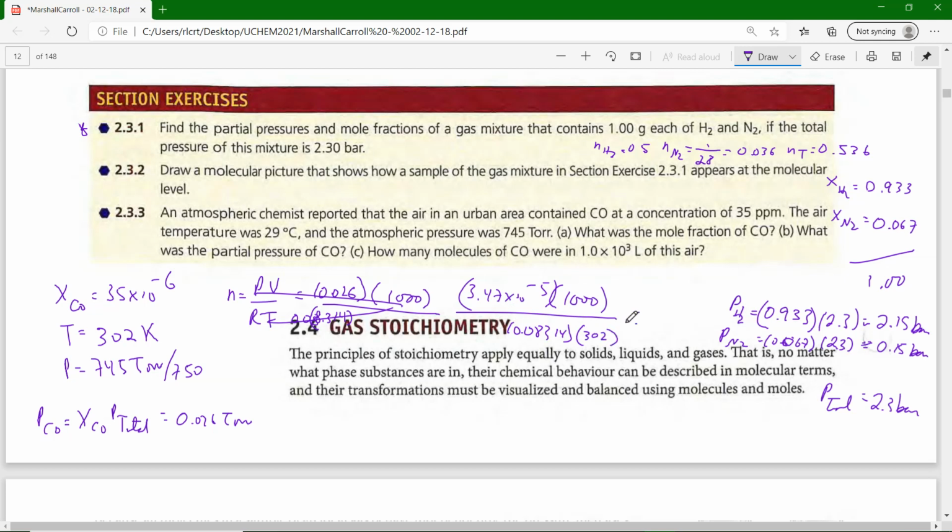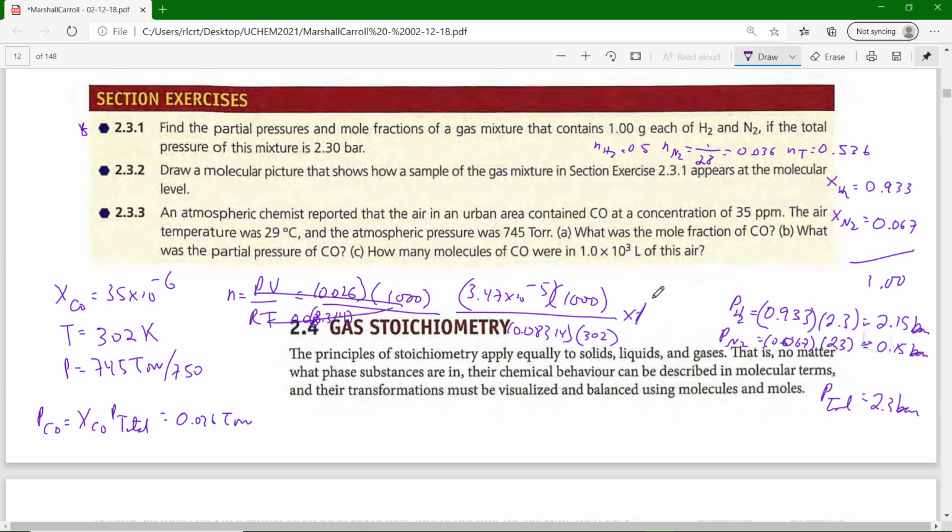And then multiply that by Avogadro's number. 8 by 10 to the 20th. Yeah, I got it. How about that? 8.3 by 10 to the 20th molecules.